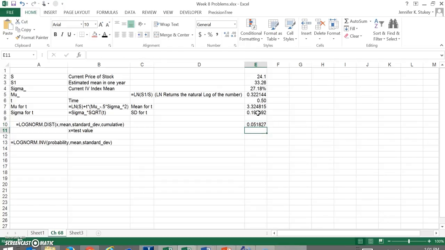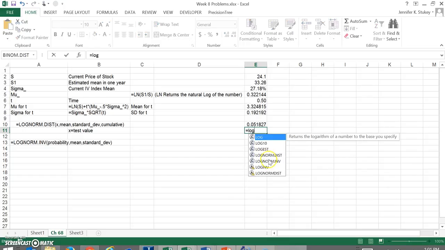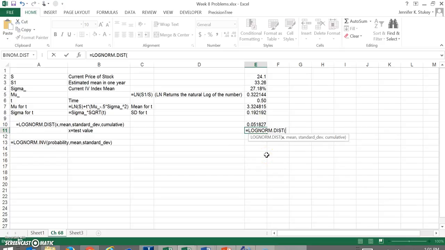What if we want to determine the odds that the price will be $20 or less? In that case, you would do your log normal distribution, and your x would be 20. We're not doing the inverse because we want the odds that it would be less than or equal to 20, and that's what this log normal distribution calculates.